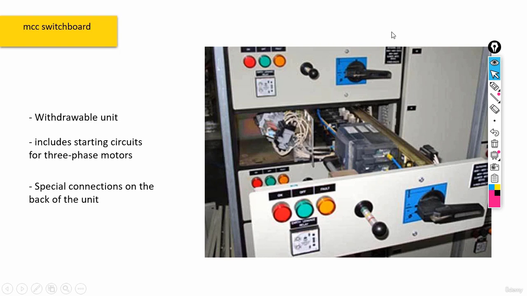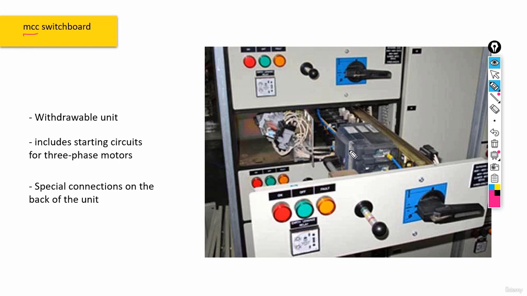All right. Now, guys, before we start talking about our next circuit, first, let's have a discussion on MCC switchboards. So let's see what we have. There's a three-phase motor's starting circuit that is set inside of a panel, and the panel has this drawer shape.